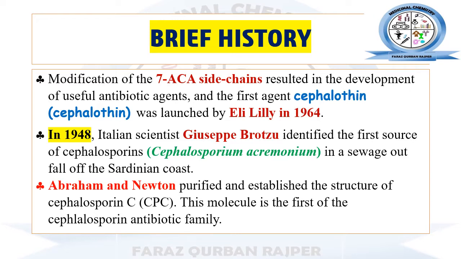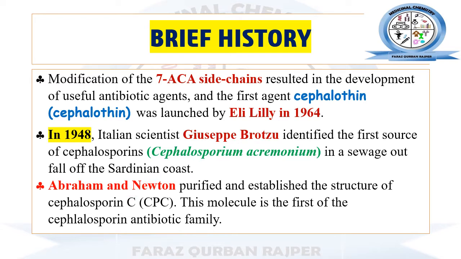Later, in 1948, the Italian scientist Giuseppe Brotzu was the first one who identified the biological source of cephalosporin. He identified that cephalosporins can be obtained from a natural source, Cephalosporium acremonium, in the sewage outfall of the Sardinian coast.